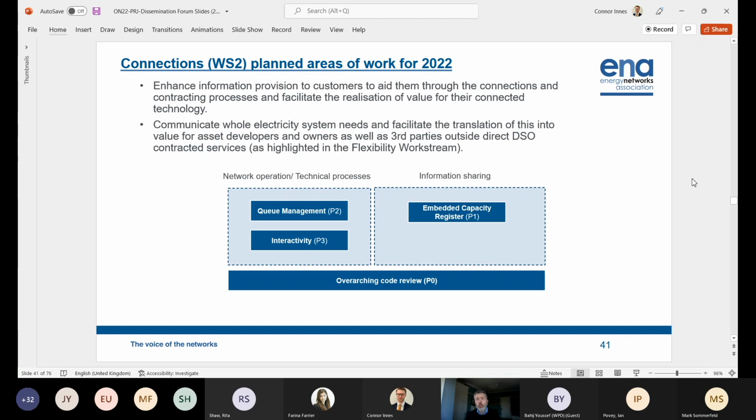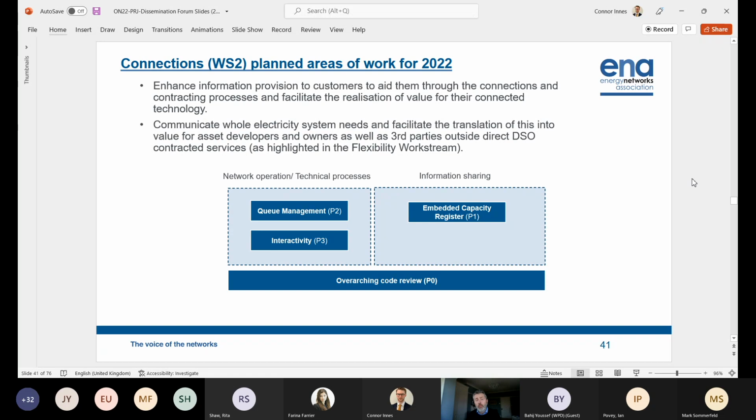That could be going out from the transmission system or the distribution system. Again, we've developed common processes, and some are in development and some are going through codification this year, and we're going to learn from that and make amendments, refine, or add extra bits to it. But it's very much now in implementation for some of the processes.